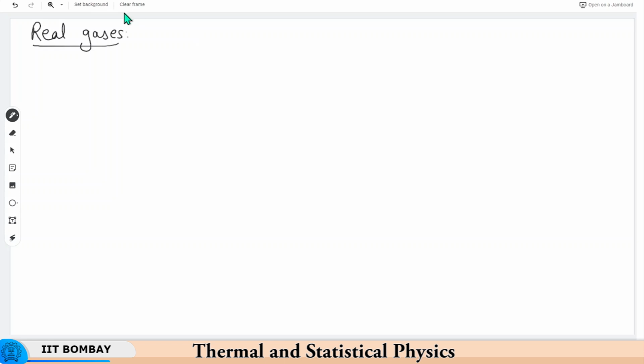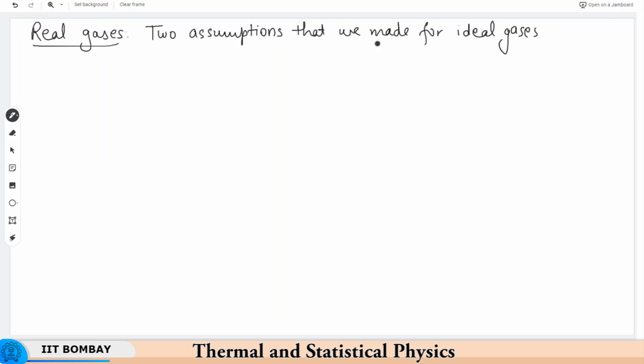So two assumptions that we made for ideal gases that are invalid for a real gas, right?